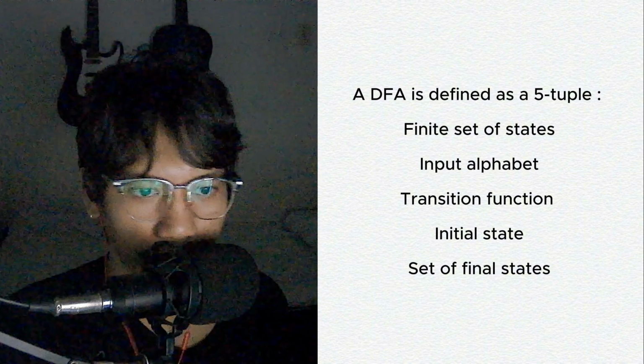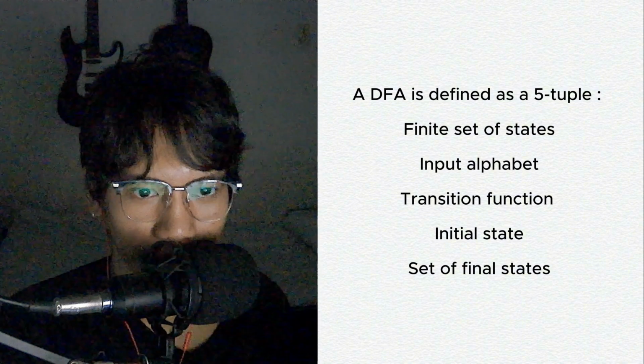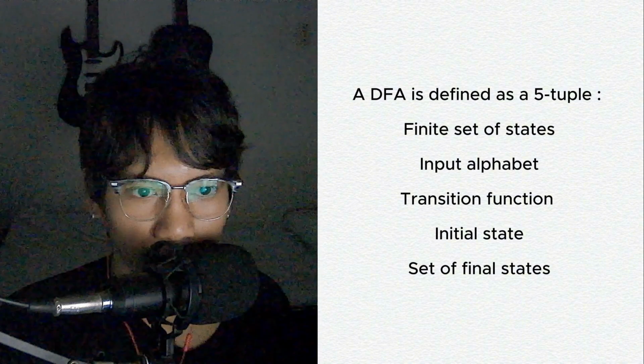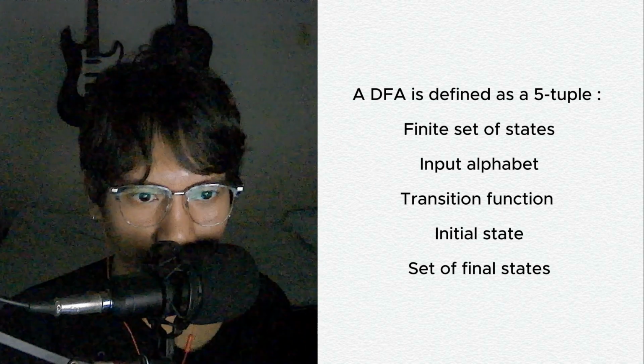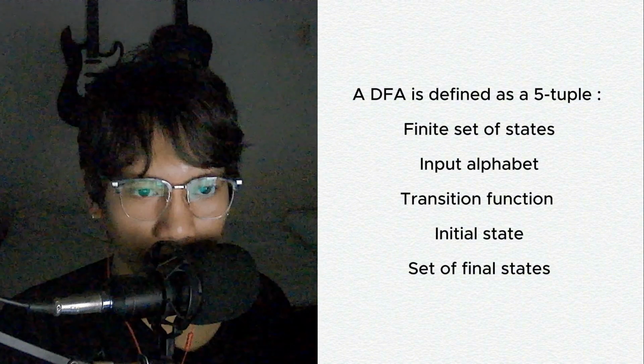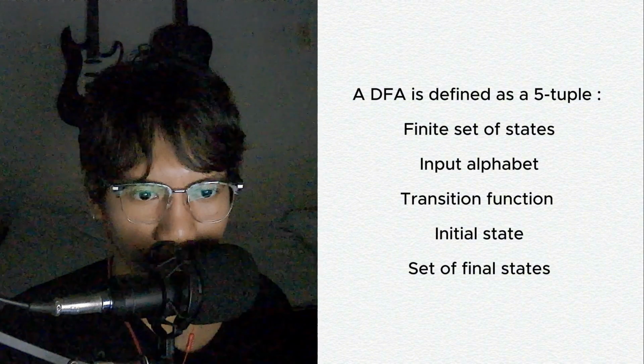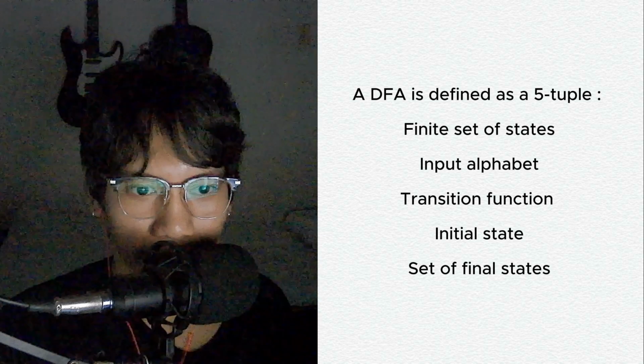Okay, next, let's head to formal definition. First, a DFA is defined as a 5-tuple: finite set of states, input alphabet, transition function, initial state, set of final states.